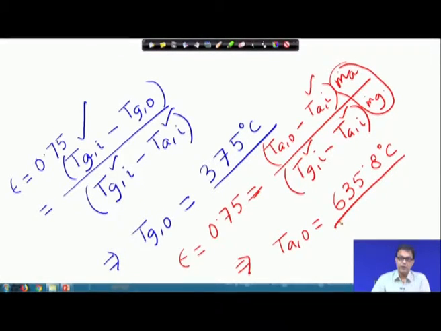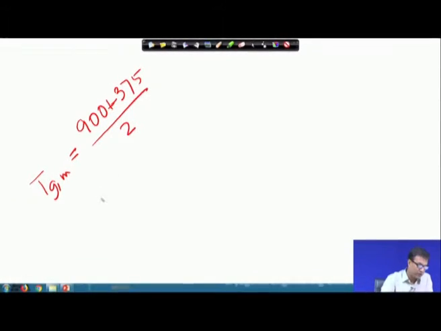So, we can now calculate the mean temperatures. The gas side mean temperature will come out to be T_gm equals (900 plus 375) divided by 2, the arithmetic mean, 637.5 degree centigrade.